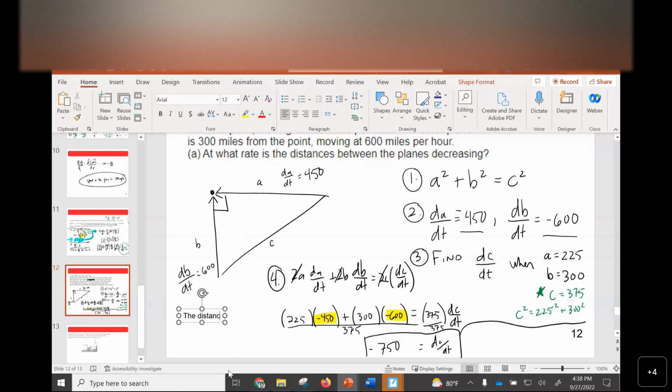The distance between the planes is decreasing at a rate of 750 miles per hour. What do you think about that answer? I made it positive, but I'm using the word decreasing, so that's okay, right? It's decreasing at a rate of 750 miles per hour. dC/dt is negative 750, same thing.